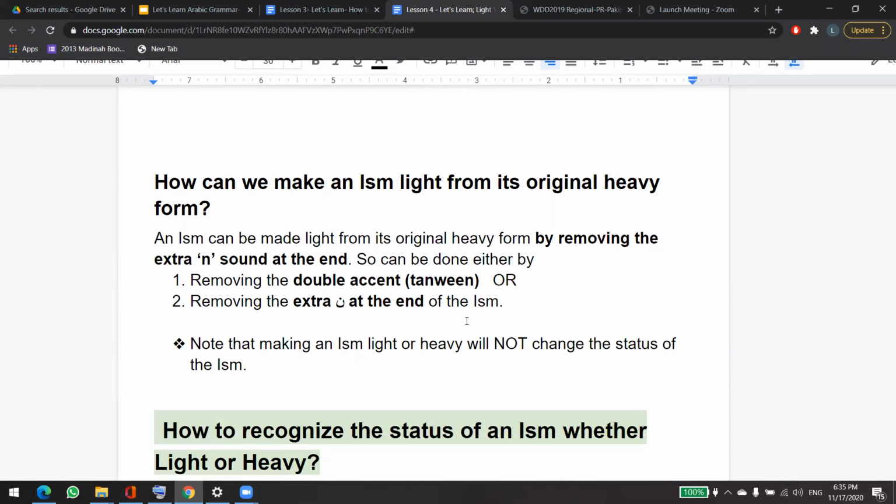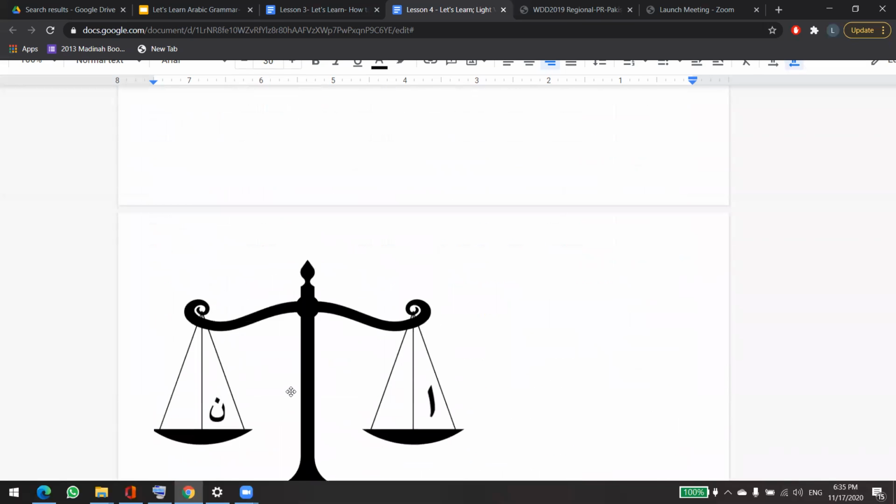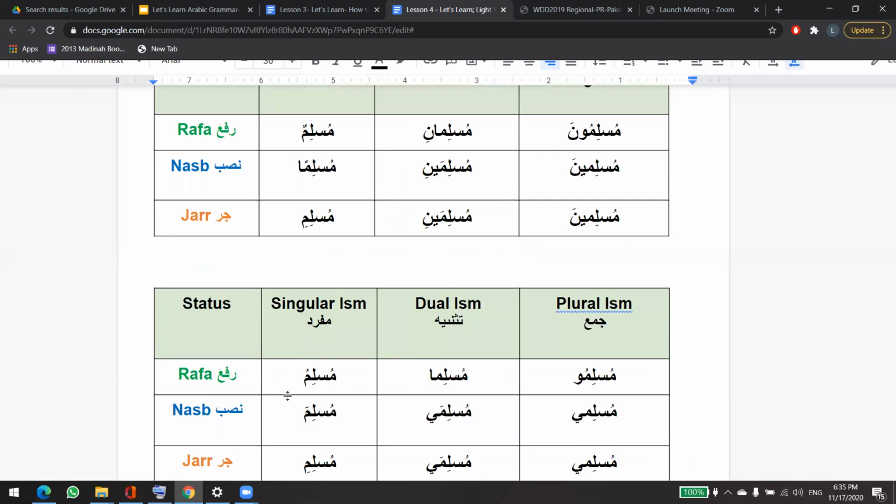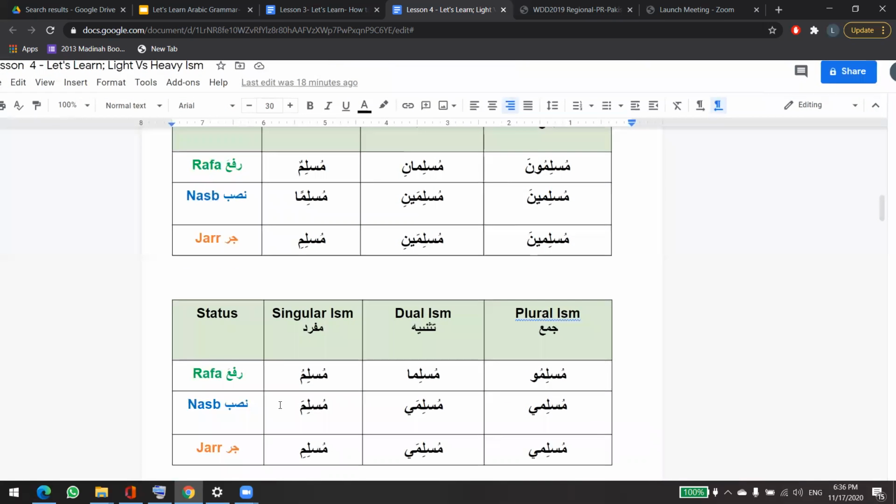To make these words light. One more very important fact: making an ism light or heavy will not change the status of an ism. If we have a heavy ism and we make it light, the status remains the same. How? Let me show you. Just look at these two charts.